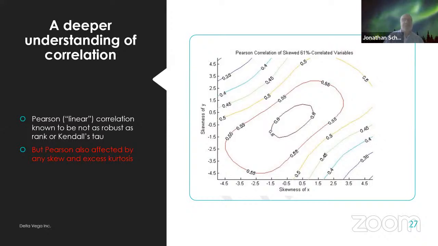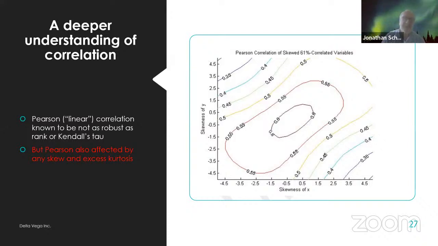For example, Pearson, or so-called linear correlation, because it comes out of linear regression modeling, is often used. And despite the fact that we know that it's not that robust and probably would be better off in most situations using the more limited assumptions of rank, sometimes called Spearman correlation, or Kendall's tau.